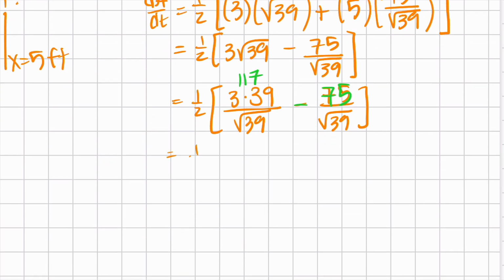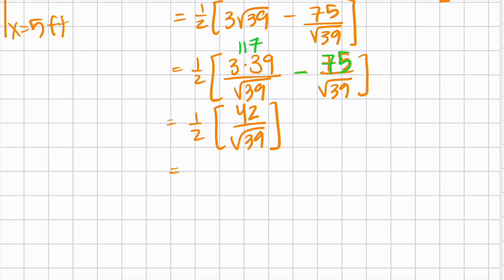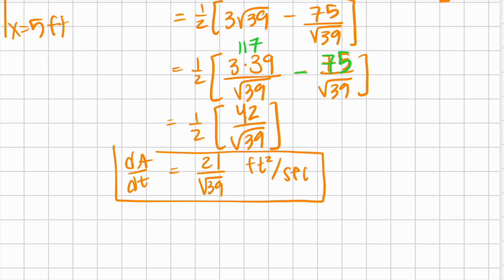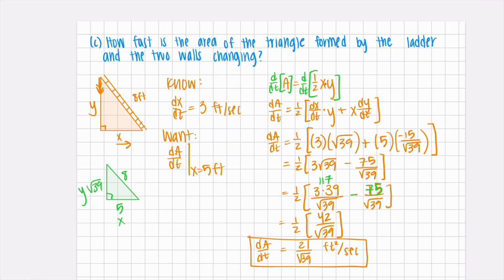When I do that, I still have my 1/2 out front. 117 minus 75 is 42. And then 42 divided by 2 is 21 over root 39. This is our dA/dt. And our units: area is feet squared, time is seconds. That is part C.